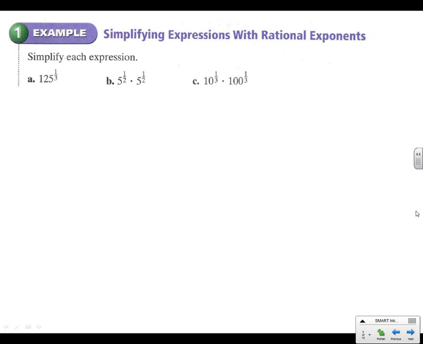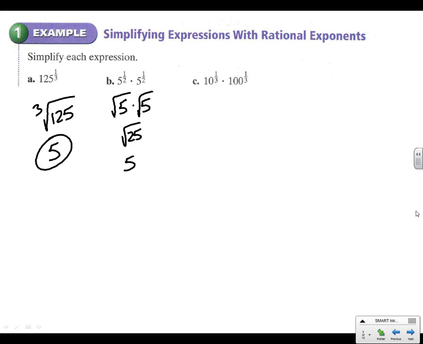125 to the 1/3. Same thing as saying the cube root of 125. Our answer there is 5. 5 to the 1/2 times 5 to the 1/2, that's the same thing as the square root of 5 times the square root of 5, which is the square root of 25, which is just plain old 5. And then the next one, we've got the cube root of 10 times the cube root of 100.